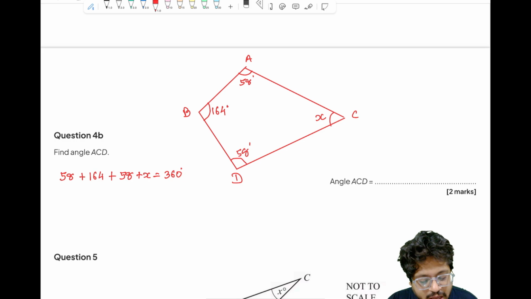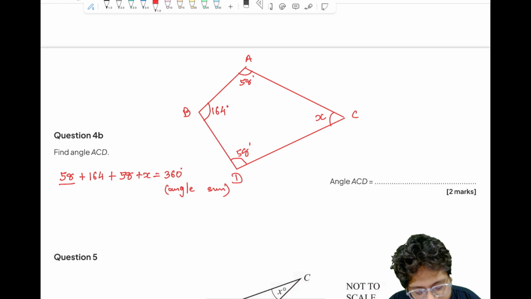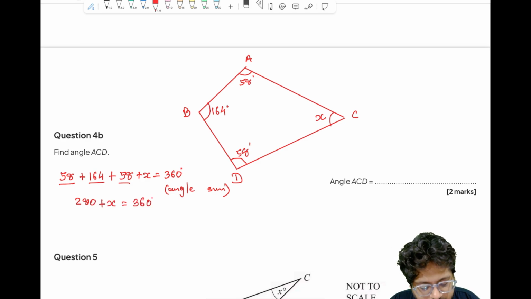The reason is angle sum. Okay, now let's add them. This 58 plus 58 is 116, plus 164 is 280. So 280 plus X is equal to 360. Now this 280 will go in subtraction, so that's 360 minus 280.